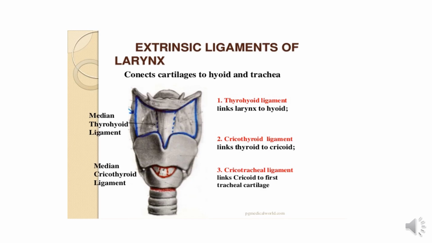The ligaments of the larynx: the extrinsic ligaments connect the thyroid cartilage with the hyoid, called the thyrohyoid ligament, and the cricohyoid ligament; the cricothyroid ligament is between the thyroid cartilage and cricoid cartilage, and the cricotracheal ligament between the cricoid and trachea.